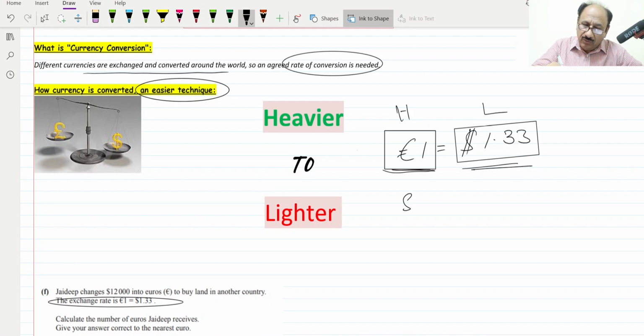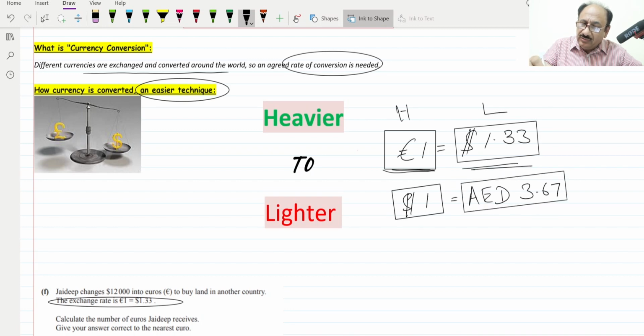For example, if we take $1 is equal to, say for example, the Arab Emirates dirham, 3.67. So if we have $1, it will be equivalent to 3.67 dirhams.